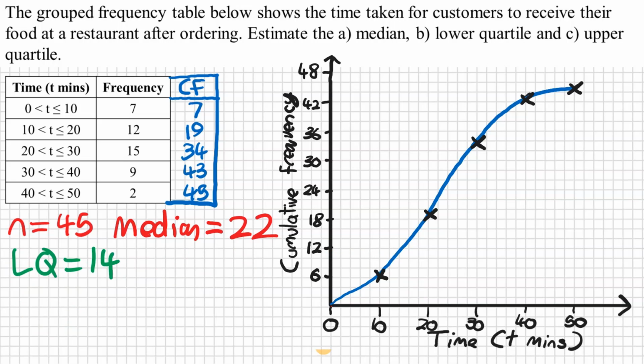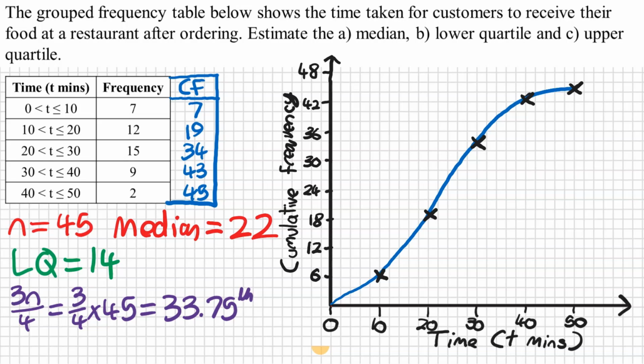Okay, and then for part C we need to find the upper quartile, so we need to find 3n over 4, so 3 over 4 multiplied by n, which is 45, so this here is 33.75. So this is the data value that we're looking for, and if we look at the y-axis, 33.75 is going to be about here.